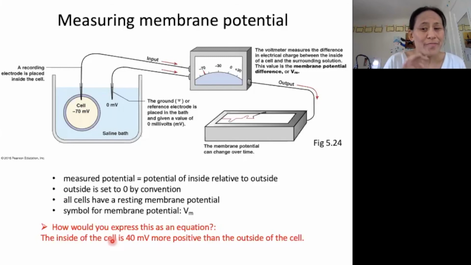Okay, if you couldn't figure that out, my hint is that the outside of the cell is always 0 millivolts. So if you think about that, what does that make the inside of the cell? If it's 40 millivolts more positive, how would you express that as an equation? Go ahead and write that down if you can figure that out.